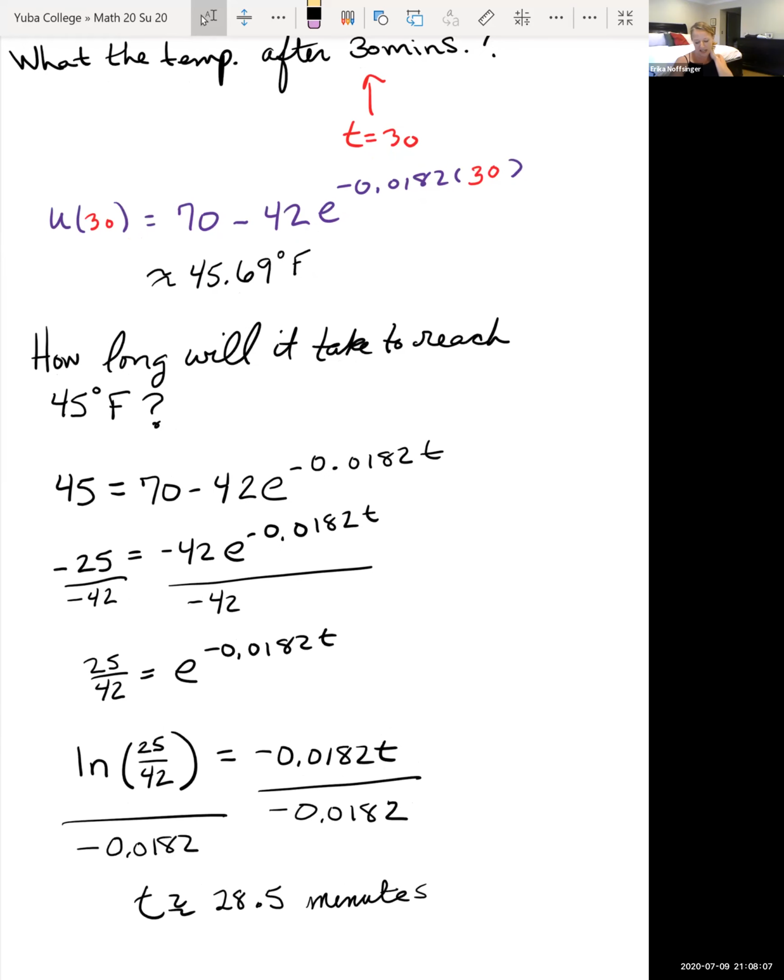If for some reason I didn't allow you to use a calculator, you would be leaving it at this ugly, nasty number. But you would have had other nasty things in here too because our value of k would have been in terms of logs too. So I would definitely let you guys use a calculator for that piece.